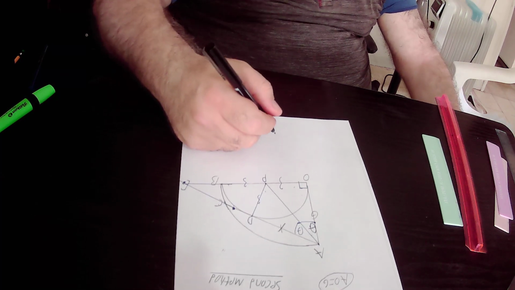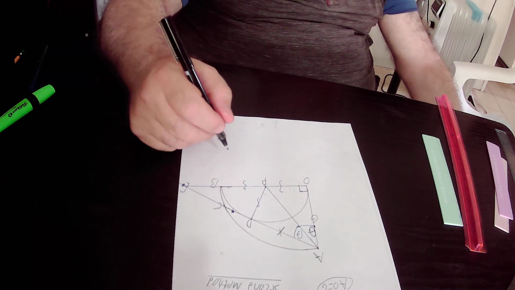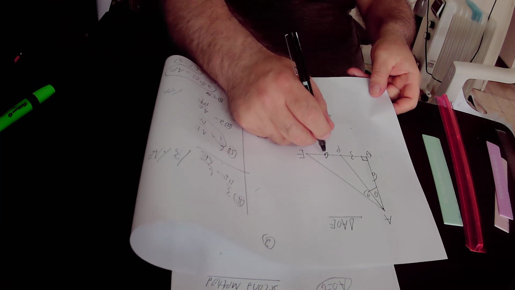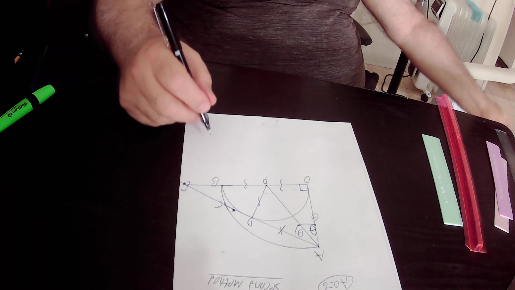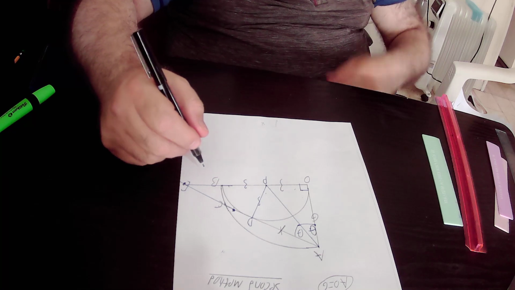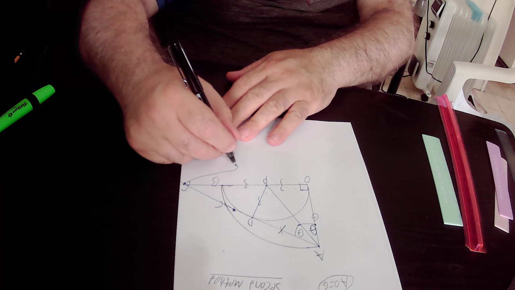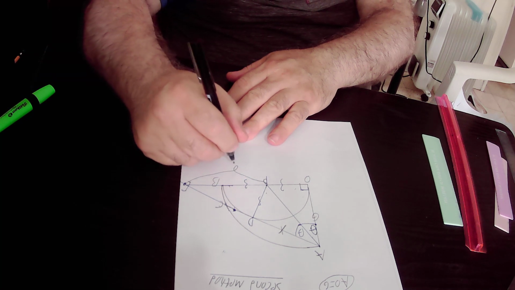Here, PE equals A according to our definition, and here also in the original drawing we know that PE equals A according to our definition.